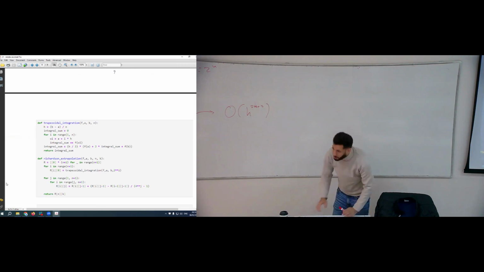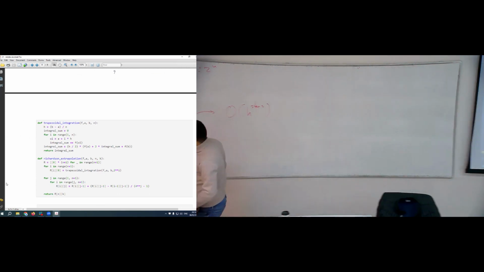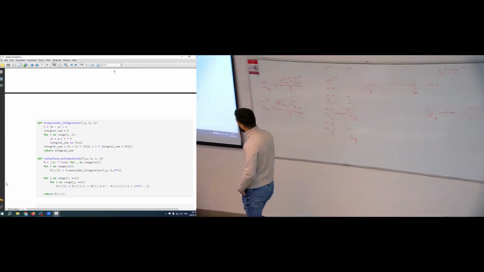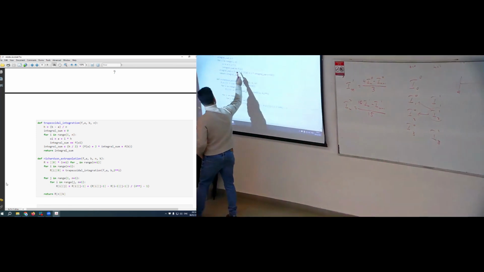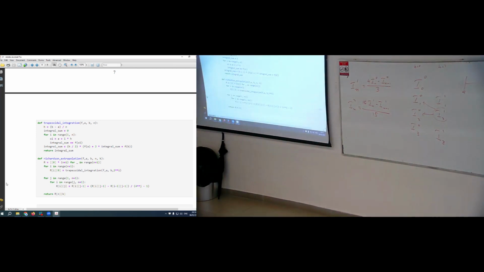That's how I define my trapezoidal integration. I define the trapezoidal integration without using the recursive way. I only defined I_3,0, I_2,0, I_0,0.